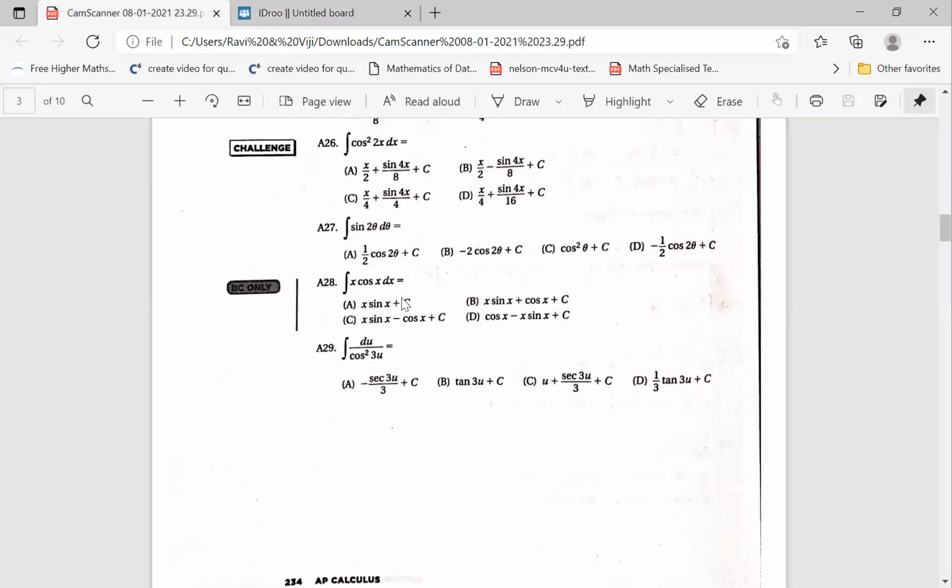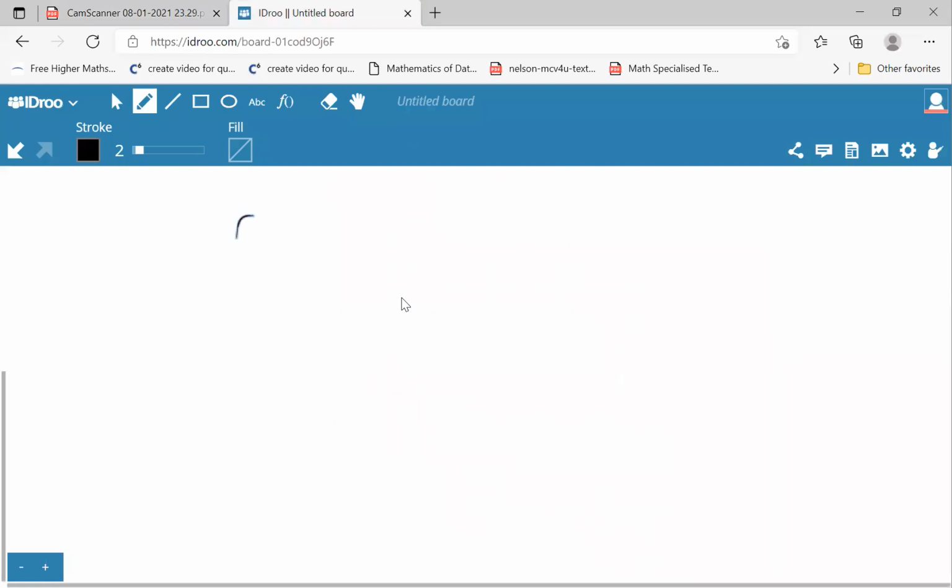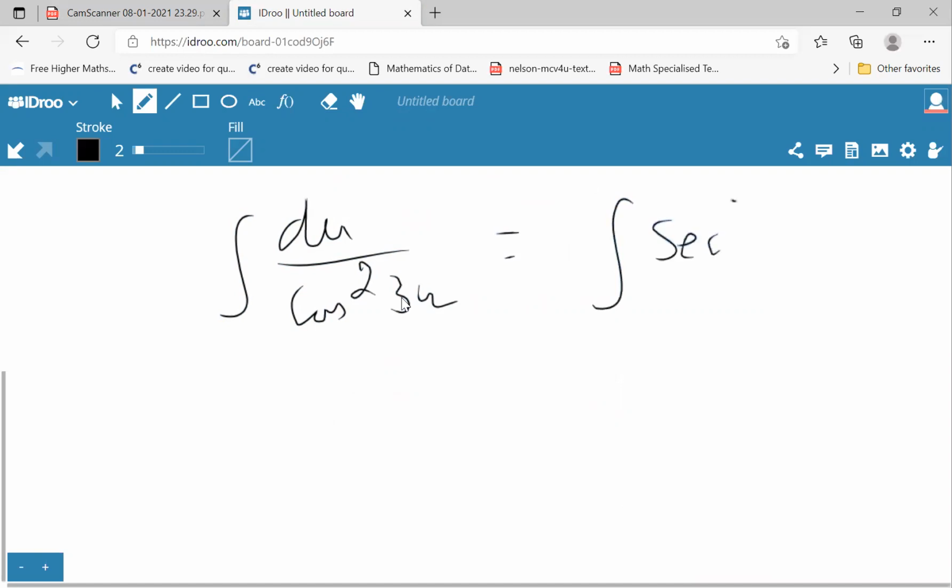Now let us go to the 29th one. Integration of du by cos squared 3u. Now, you know, 1 by cos squared theta is nothing but secant squared theta. So I can rewrite this as integration of secant squared 3u du.